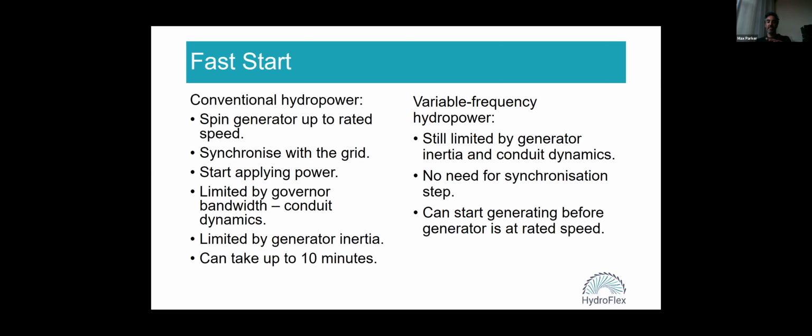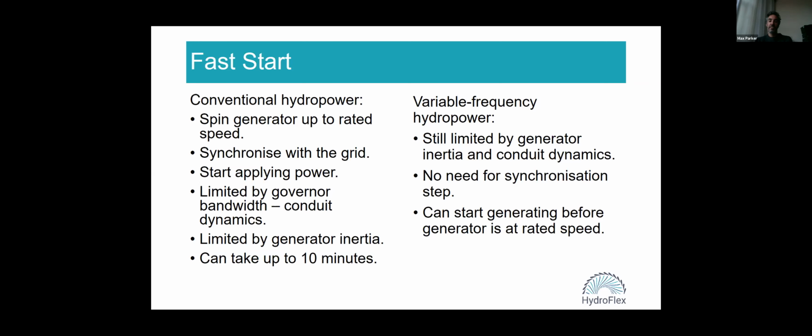When you've got it up to rated speed, you then synchronize with the grid, and then you open up the guide vanes to provide power. This is, as I said, limited by the waterway dynamics and the governor bandwidth, and limited by the generator inertia. This could take up to 10 minutes for some systems.